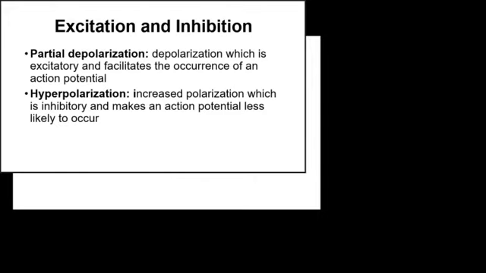So these neurons tend to fire at a background rate, in a very predictable, slow fashion. And if we have excitation from excitatory neurotransmitters, then we see more frequent firing. And if we see inhibition, we see less frequent firing.